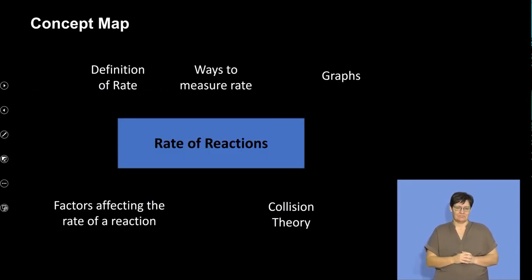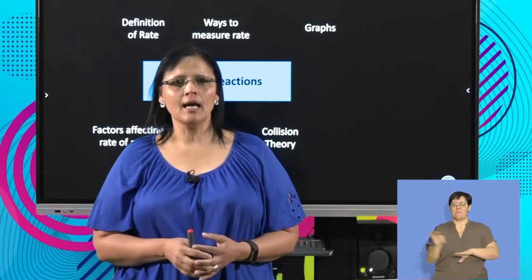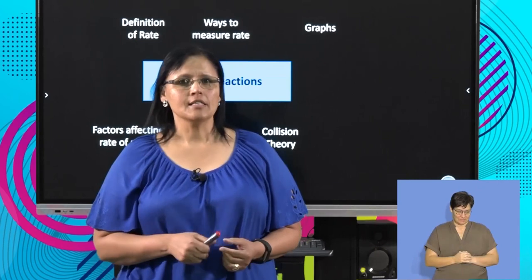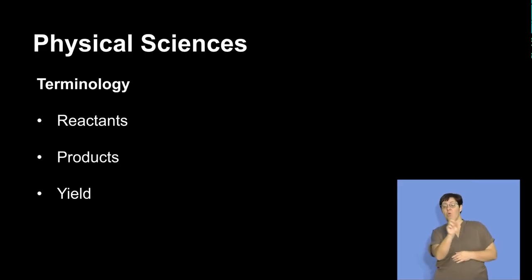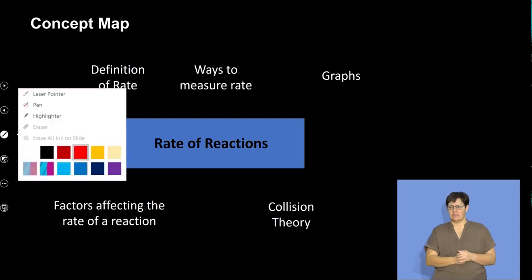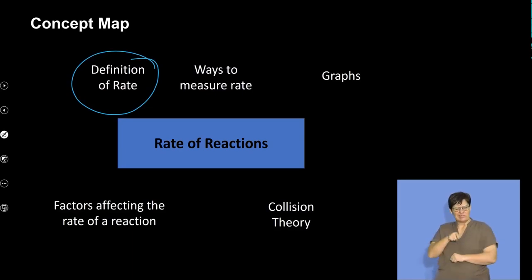Now, I'm going to take you through the concept map so that you can see what we plan on doing during this lesson. Firstly, I would like to look at the definition of rate of reaction, and then we will link that definition to the factors affecting the chemical reaction.